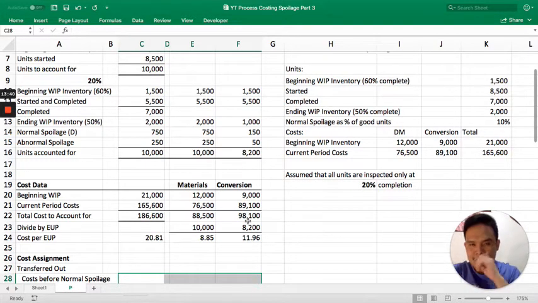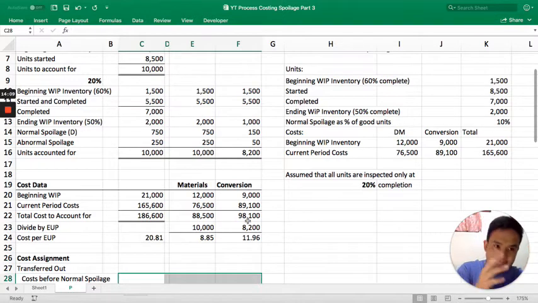Walang mapupunta sa ending. But if you move the inspection point, then some of that spoilage is attributable to ending inventory. Remember, if ending inventory is at 50%, inspection point is at 20%, ibig sabihin, part na ng ending inventory may spoilage na yon kasi na-detect na yon at tinanggal na, even umabot pa ng 50%. So that means a portion of the spoilage might end up in ending.